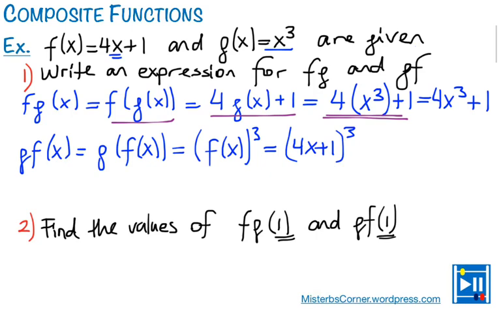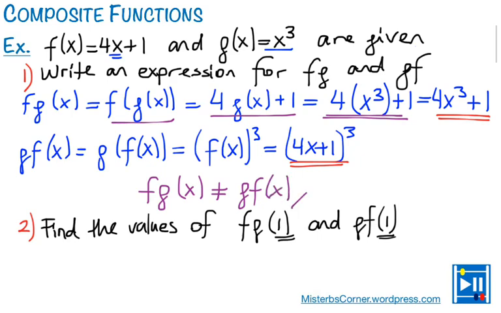And I don't need to expand the brackets and find the expression. This is good because I can do some calculations when the x value is known. So you can see that these two expressions are not the same. And generally, fg of x is not the same as gf of x.